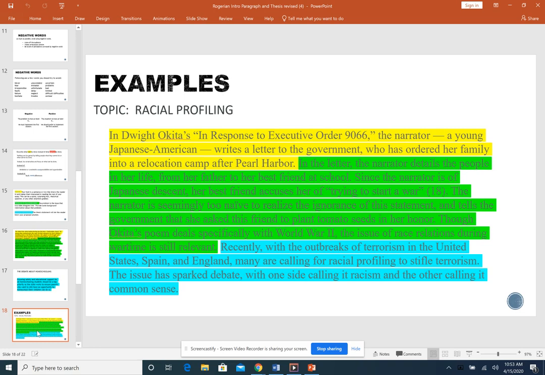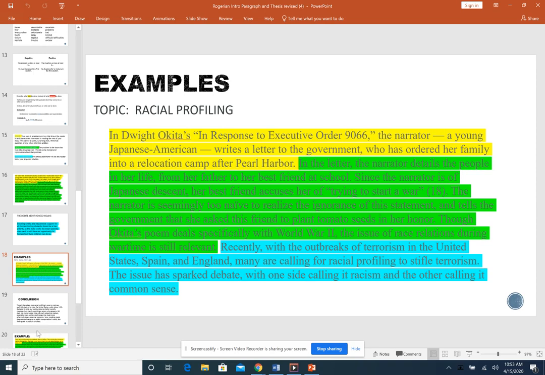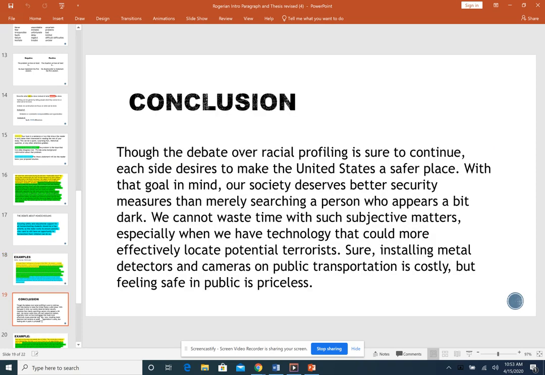So in this thesis statement, I know that we have two sides talking about terrorism and racial profiling, and that they're going to seek a common ground on that. And then I'm giving you an example of how they would conclude their paper at the very end based on this particular topic.